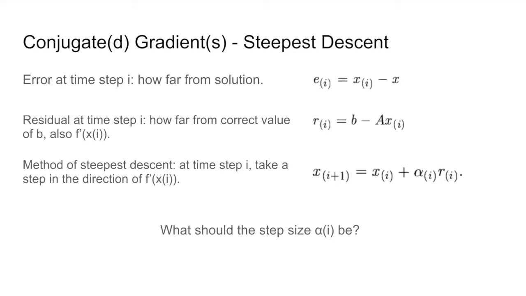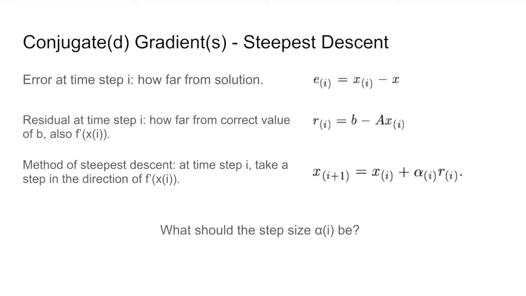We first describe the steepest descent algorithm. To do so, we first describe a few terms. The error term at time step i is how far away you are from the solution at that time step. This is denoted by e of i and is simply the difference between the current solution x of i and the actual solution x.